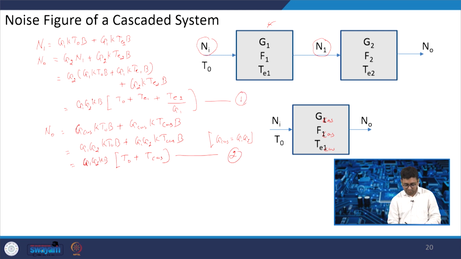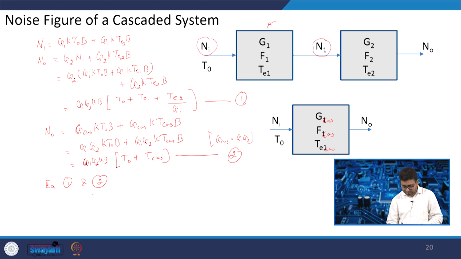So, based on equation 1 and equation 2, because we are interested to find the equivalent noise temperature of the cascaded system or noise figure, we equate both with each other.